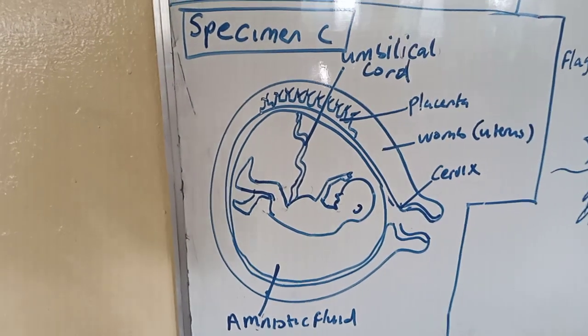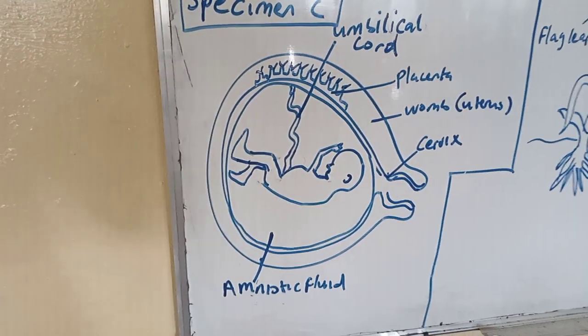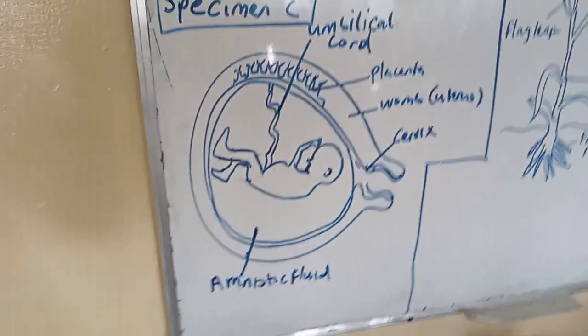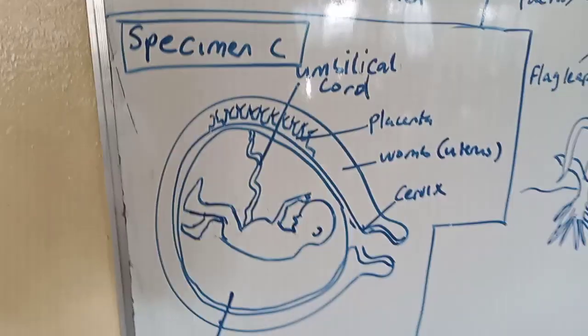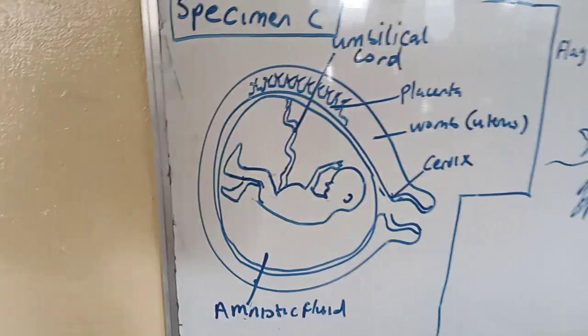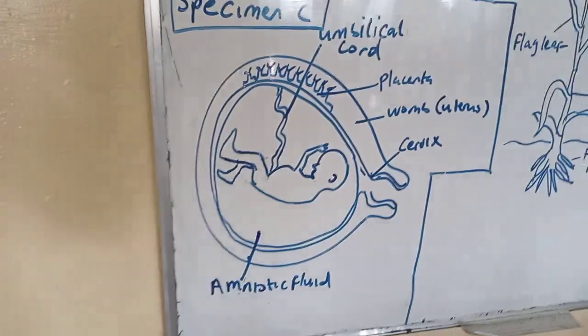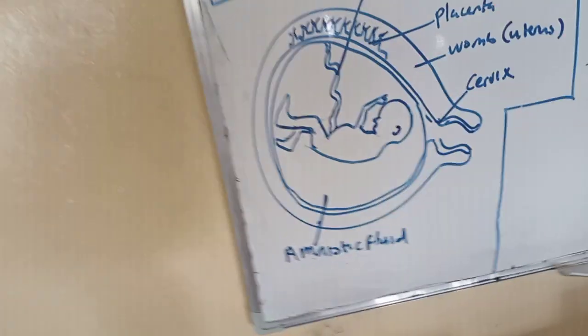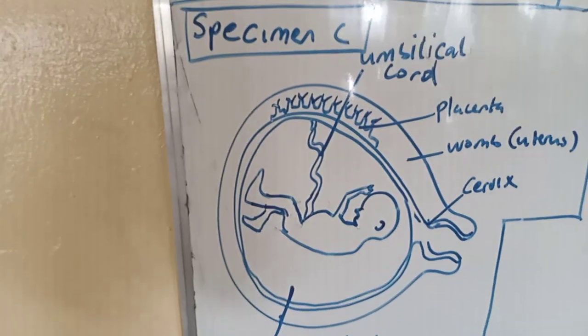We talked about the umbilical cord. It connects the baby to the placenta, and it also aids to support the embryo. We talked about the amnion. The amnion produces the amniotic fluid, which reduces friction during childbirth. It also reduces shock.